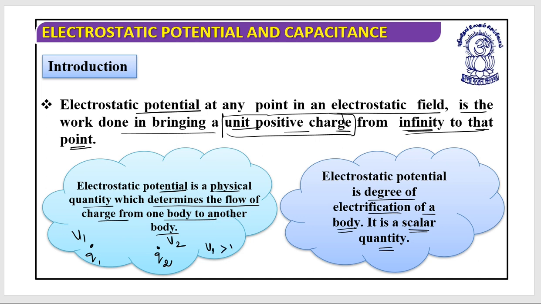Let's assume that potential V1 is greater than potential V2. Then charge will flow from this Q1 to Q2. So it always determines which body the charge will be flowing from and to. It is also a degree of electrification and it is a scalar quantity.